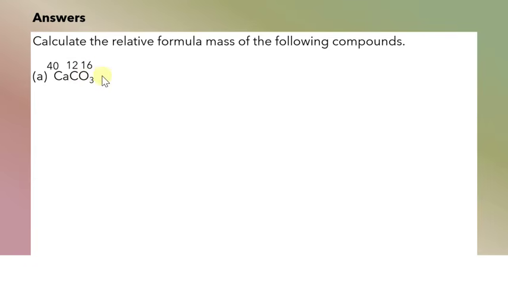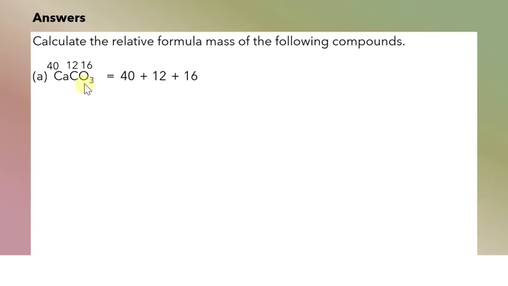Now since the relative formula mass is the sum, meaning we add them, this is going to be equal to 40, then plus 12, then plus 16. Now this 16, see, just immediately after oxygen there's a 3. So this 3 means there are 3 atoms of oxygen.